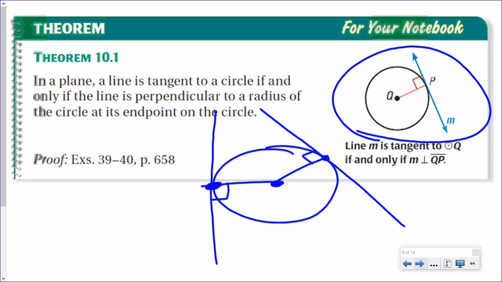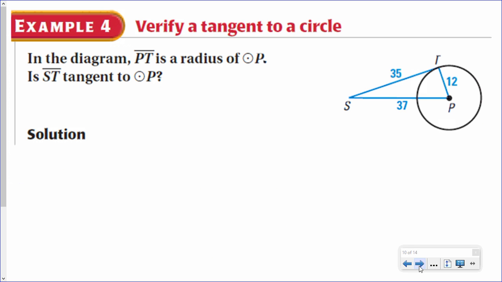But here's how it applies to the math problems for today. Find the line of tangency, and it is line ST. That hits the circle on the outside, like so. Point T is your point of tangency. So from the center to point T, that's supposed to be your 90 degrees.